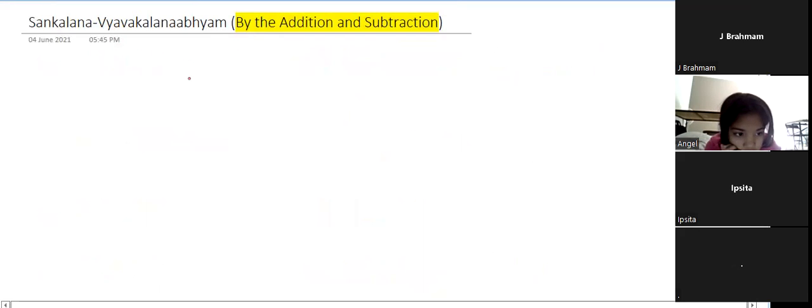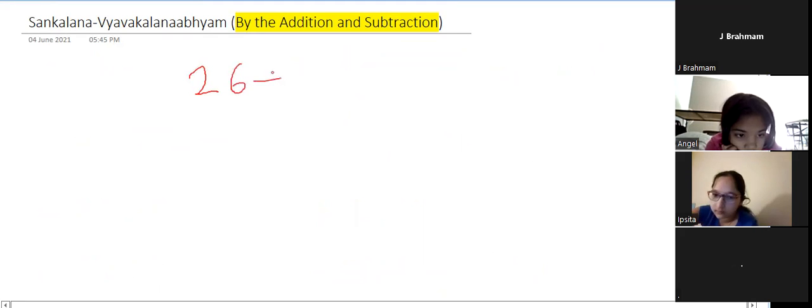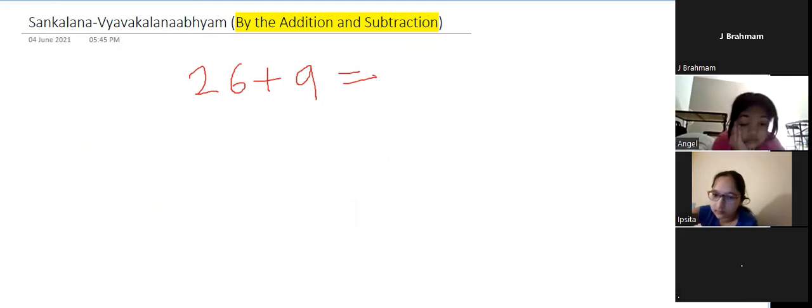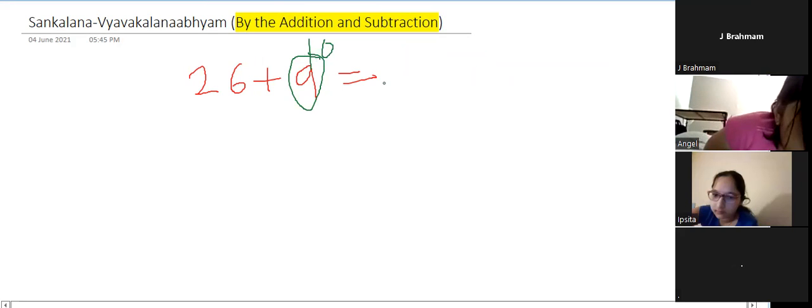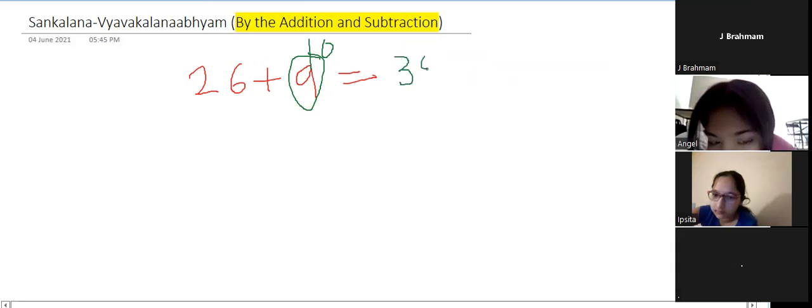In the previous case, for any number like 26, to add 9, in place of 9, we took 10, and later we subtracted that one. Because we have already considered one extra, we will remove that. So 36 minus 1 will be 35.